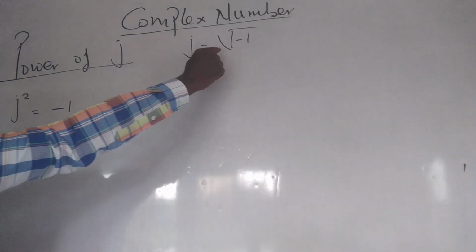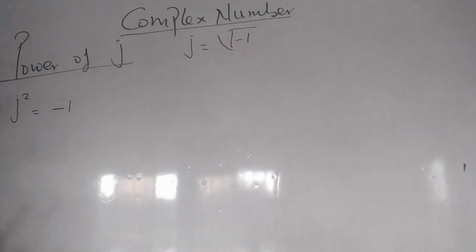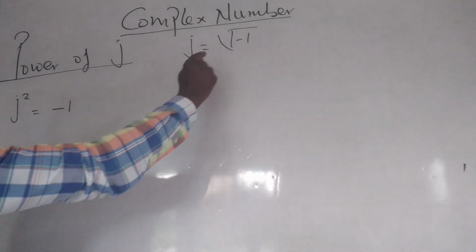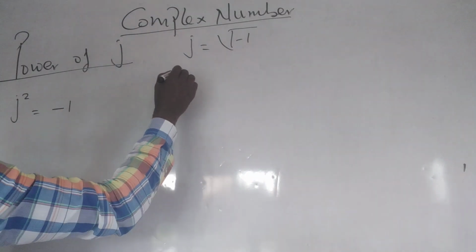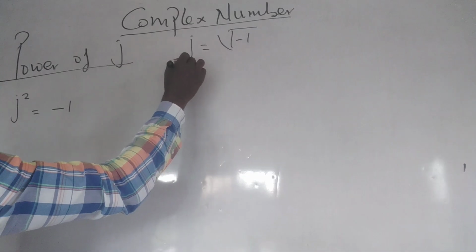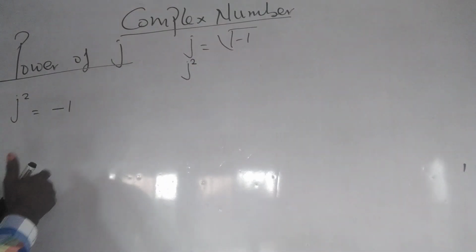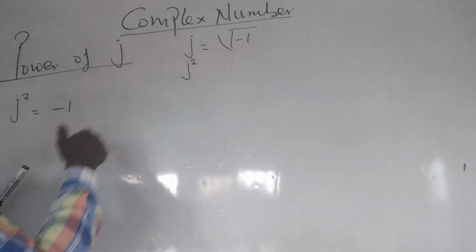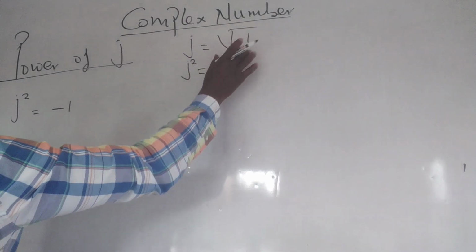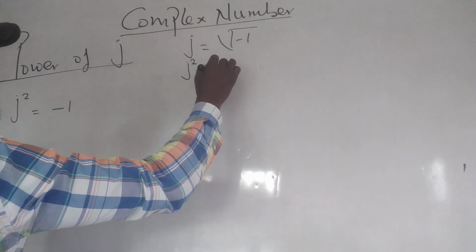That means this root sign has been removed. Take note, if I'm to remove this root sign, the best thing is to find the square of both sides, which will make this J to be squared, and of course with that now this will be removed.